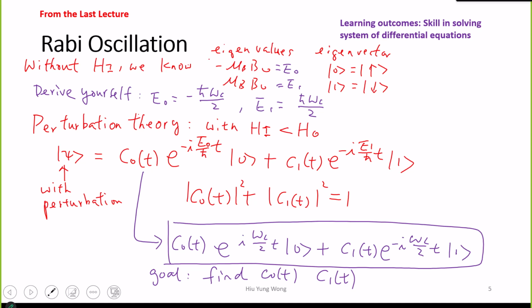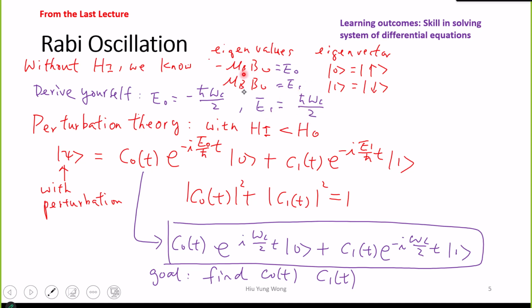So, we already wrote the Hamiltonian, and now we need to solve the Schrödinger equation. But what we're trying to say is that there's something called perturbation theory. Before we apply H1, where you only have the magnetic field pointing down, we already know from experiment or from a previous exercise that there are 2 possible energy outcomes.